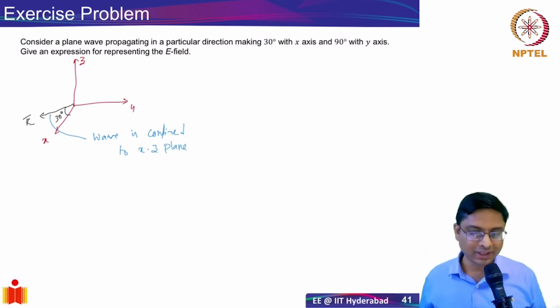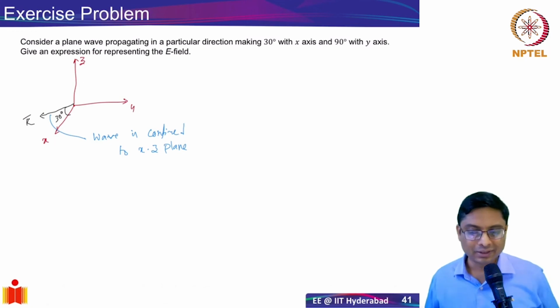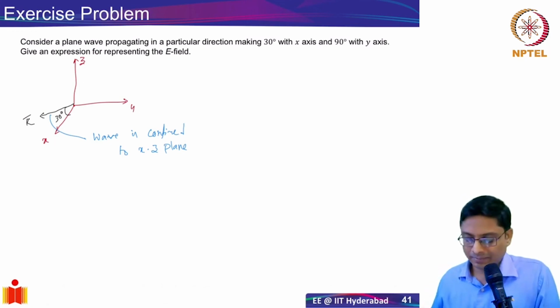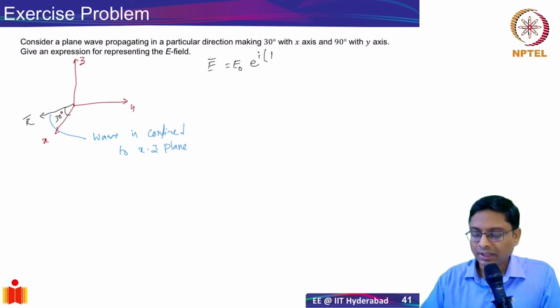So wave is confined to the xz plane. So now how do we write the expression for the electric field? Well, since we have a general case, we should recall that the electric field is going to be E naught, I'll write out the general form, e to the i k dot r minus omega t.